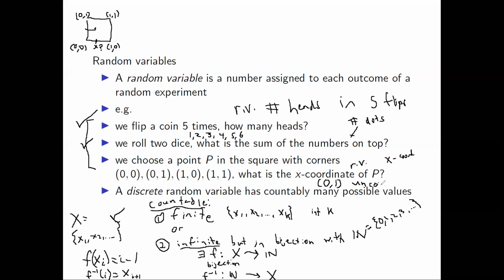You cannot put it in bijection with the natural numbers, and there are clearly infinitely many numbers in that interval, like all of the positive powers of 1/2, for example. So it's infinite, but it's not countable. You cannot put it in bijection with the natural numbers. So that's an example of one that is not discrete.